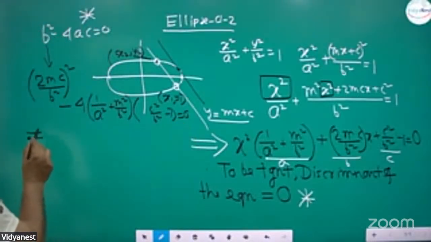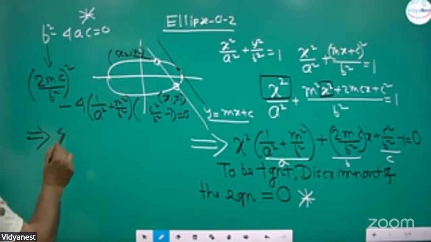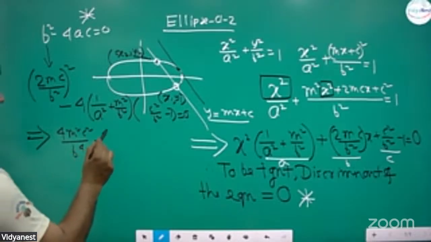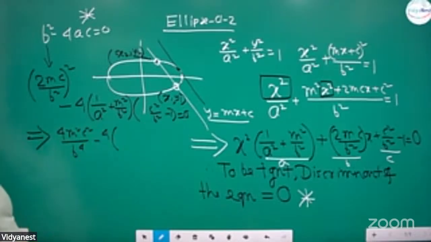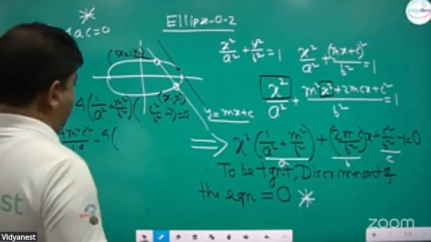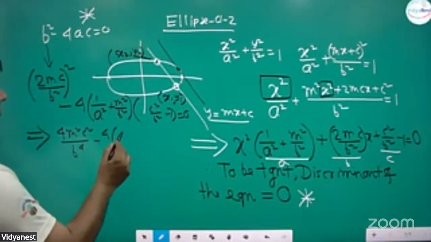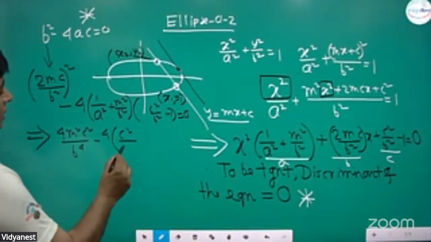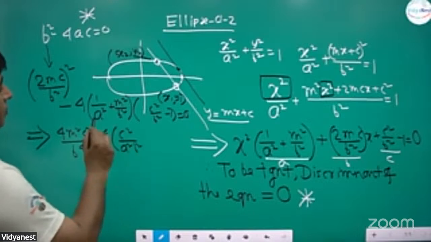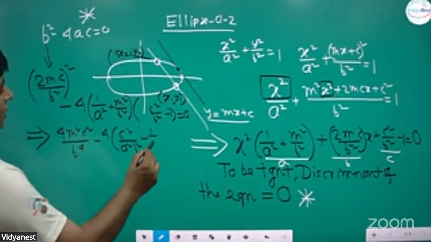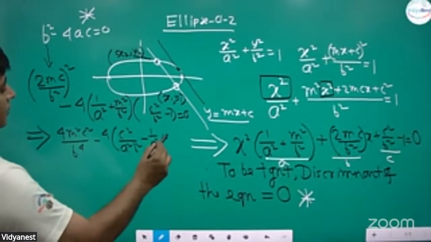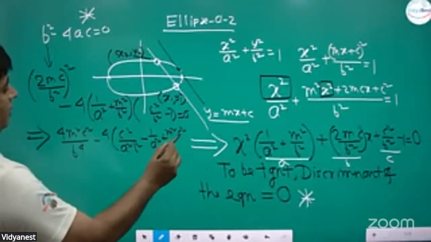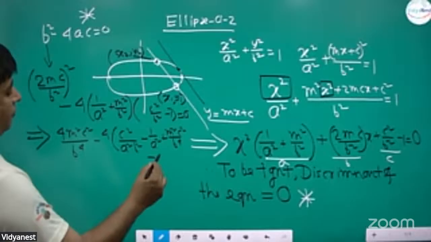So that will give us, just multiply and remove the brackets: c square by a square b square minus 1 by a square, m square c square by b to the power 4.